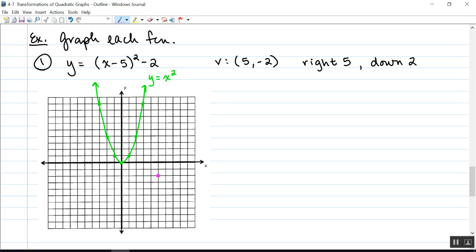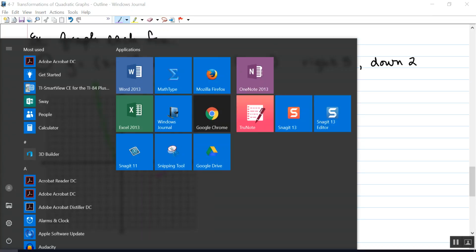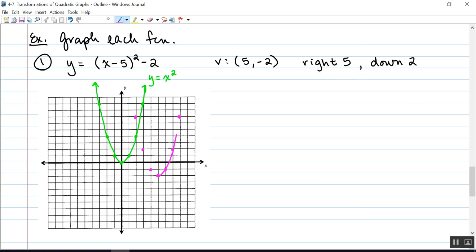I could do that with every point: to the right 5 and down 2, to the right 5 and down 2. Oops, sorry about that. And there's the function y equals (x minus 5) squared minus 2, using a translation.